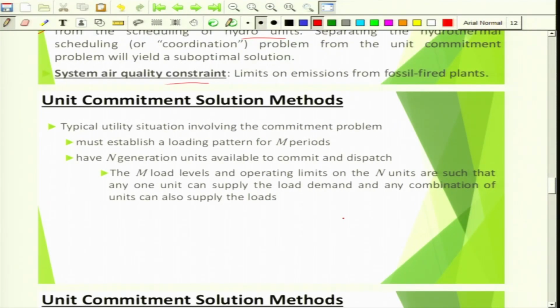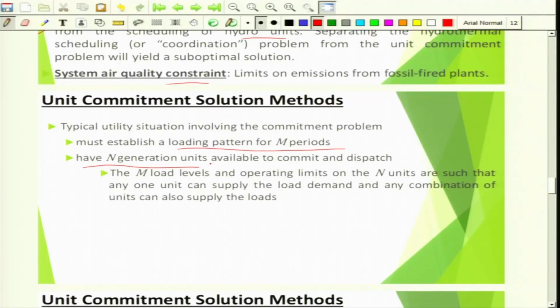So now we will discuss the solution methods. A typical utility situation involving the commitment problem is that you must establish a loading pattern for m periods. So there are m periods, let us say 10 periods of time during which the load keeps varying. So you need to establish a loading pattern first, and having n generators available at your premises, they are available to commit and dispatch.